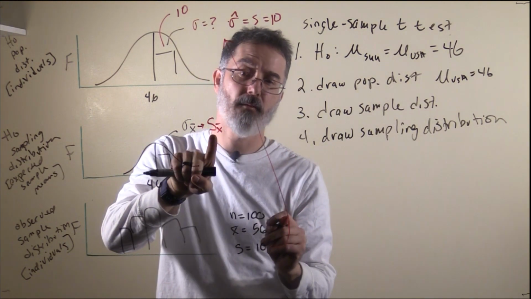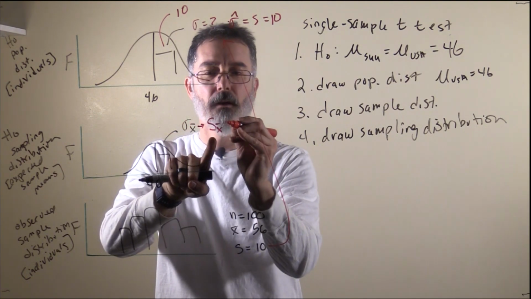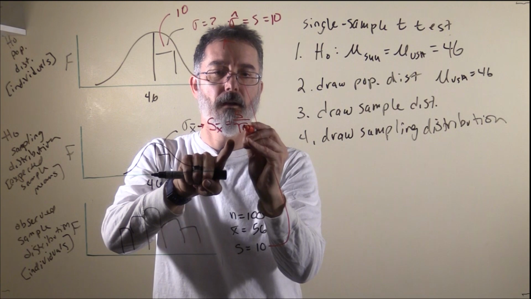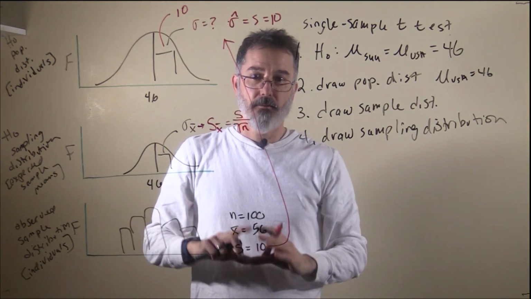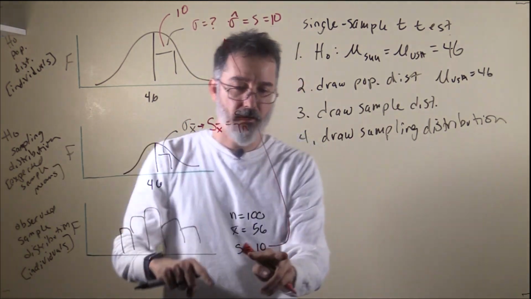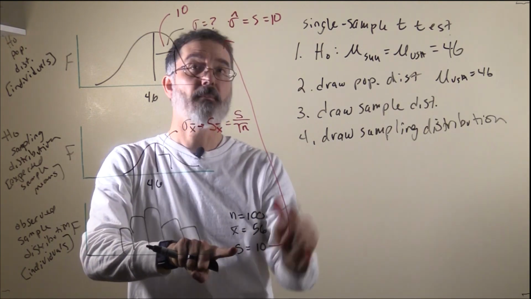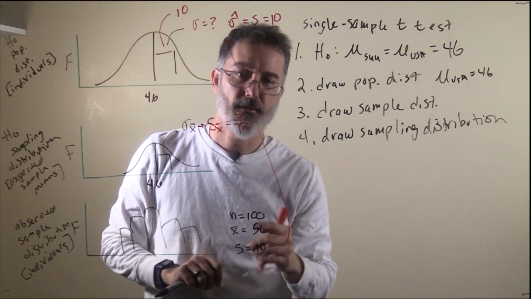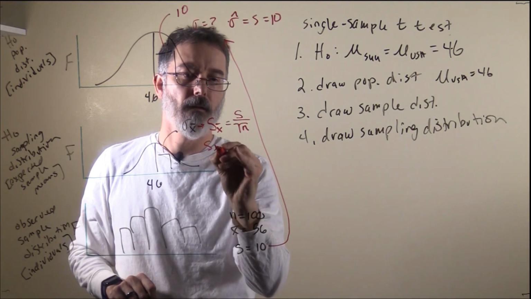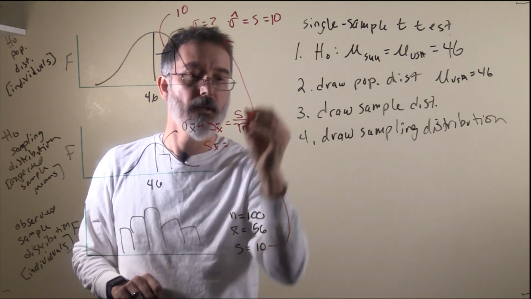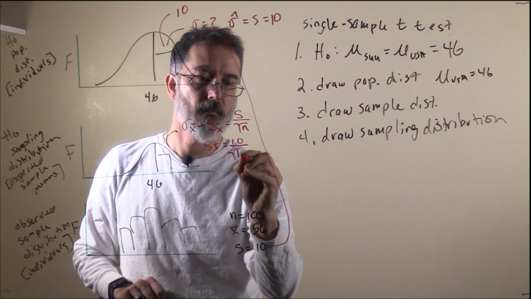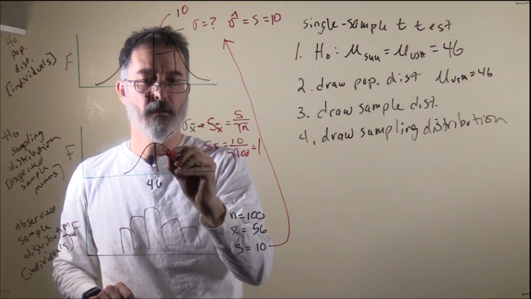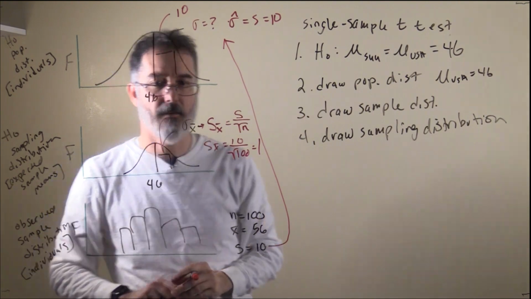It's based on an estimate from our sample. That'll be s divided by the square root of n. All right. So really this is exactly the same, except all we've done is plug in our sample standard deviation for our population, but the formulas are all the same. They're very superficial changes. So 10 divided by the square root of 100. So the standard deviation of this distribution is 1. The standard error is 1.